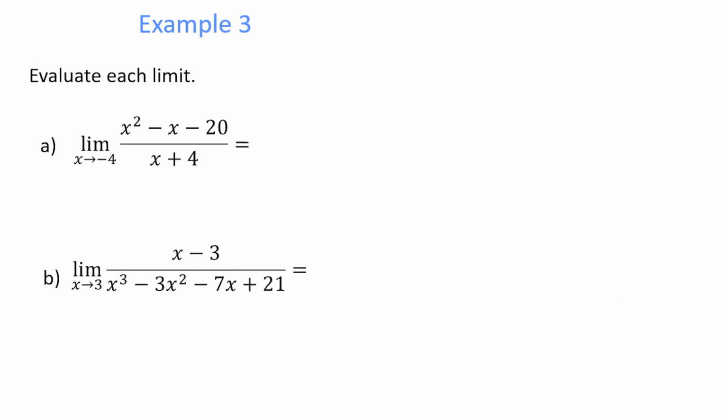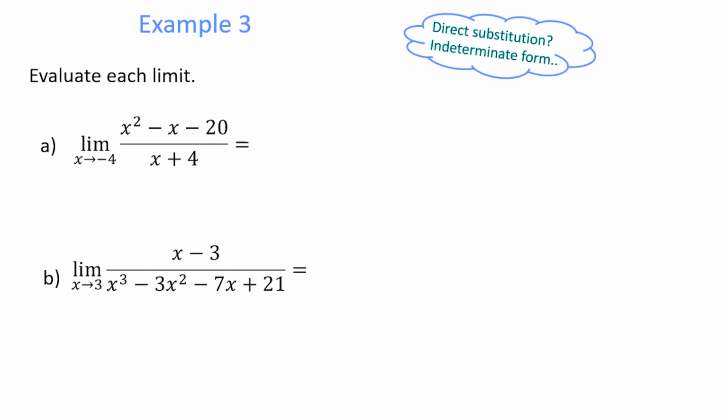I suggest you pause the video now and try to find the following two limits using direct substitution. Let's see what happens. I hope you all received indeterminate form. So this means we would get 0 over 0. What are the strategies here?